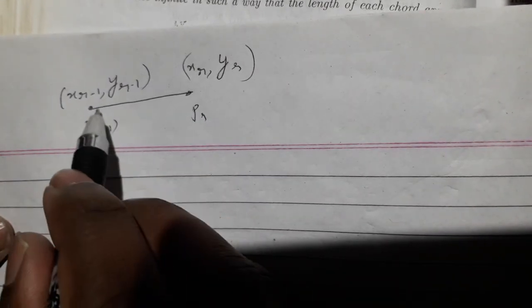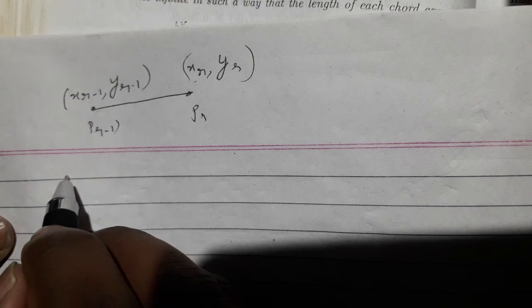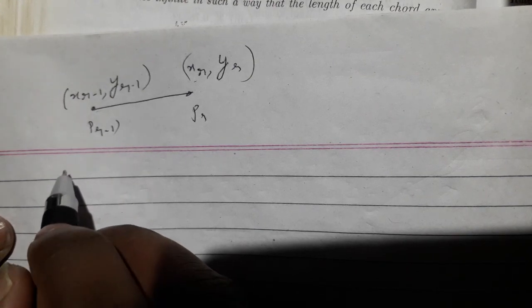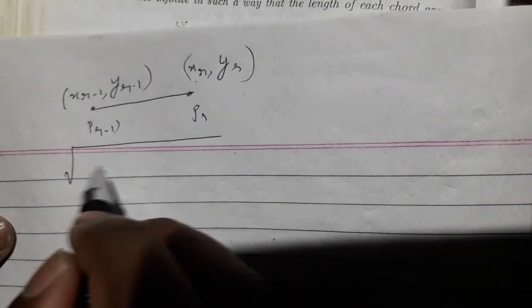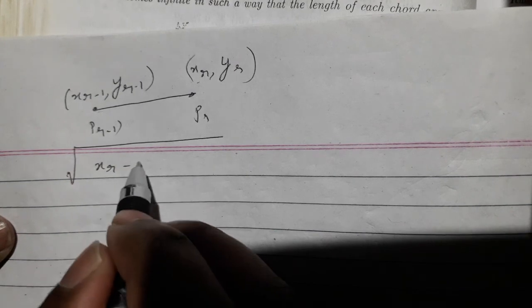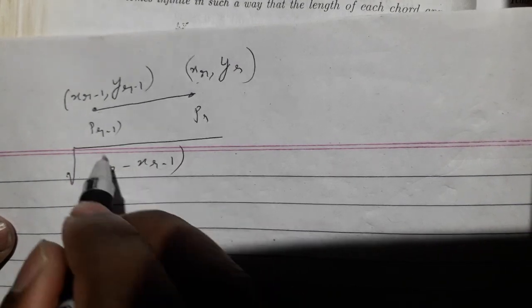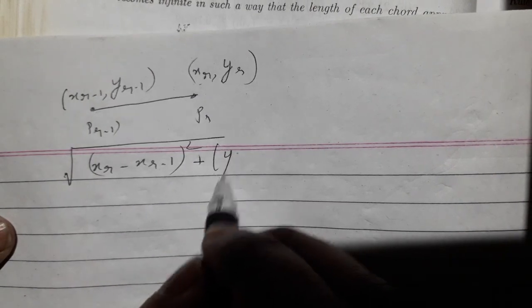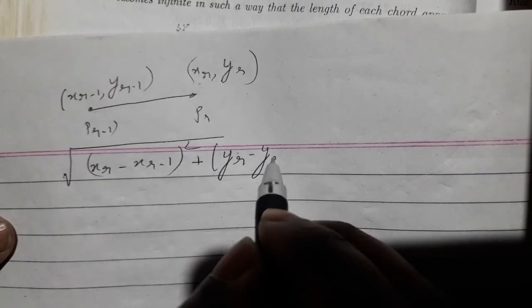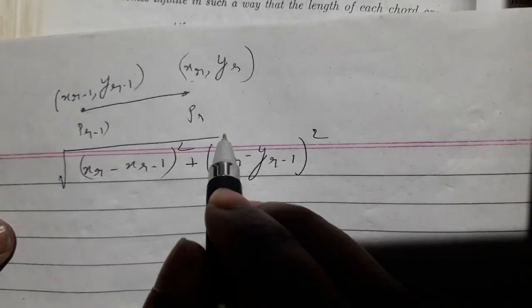Then we can find the length by finding the distance. The distance is given by the square root of (x(r) minus x(r-1)) whole square plus (y(r) minus y(r-1)) whole square.